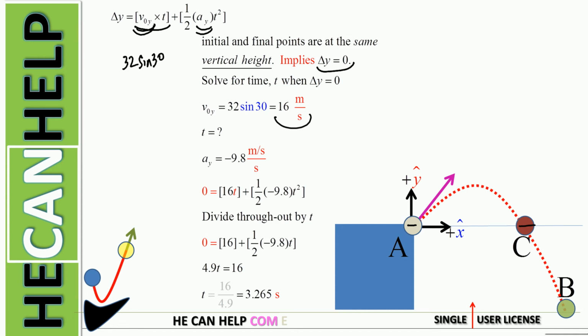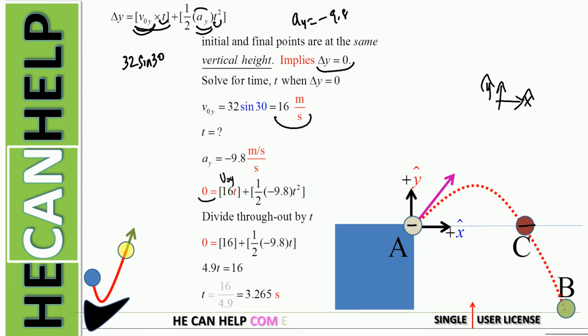We don't know the time. Acceleration along the vertical is negative 9.8 because positive x is defined as to the right, positive y is vertically up.